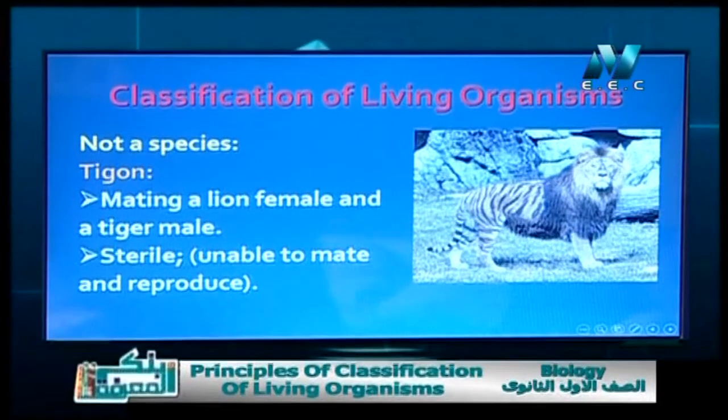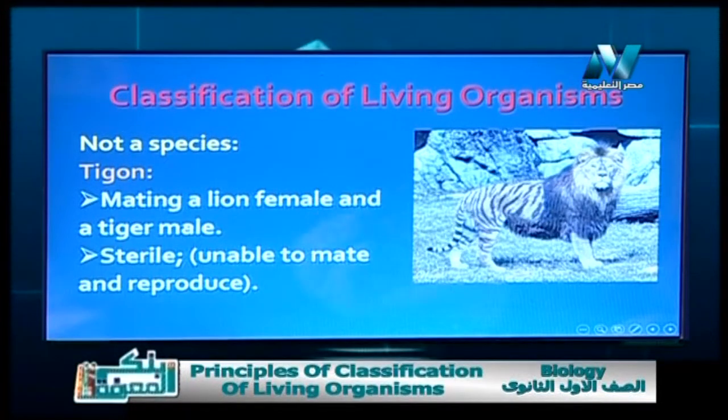The lion and tiger are different species, but they could reproduce to bring one type called tigon. And this tigon is not a species because it cannot reproduce. It is a sterile organism, unable to mate and reproduce or to give new individuals. So it is not a species.